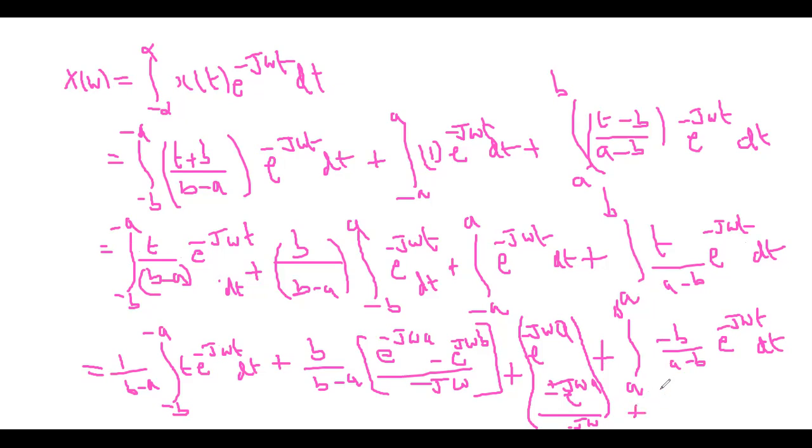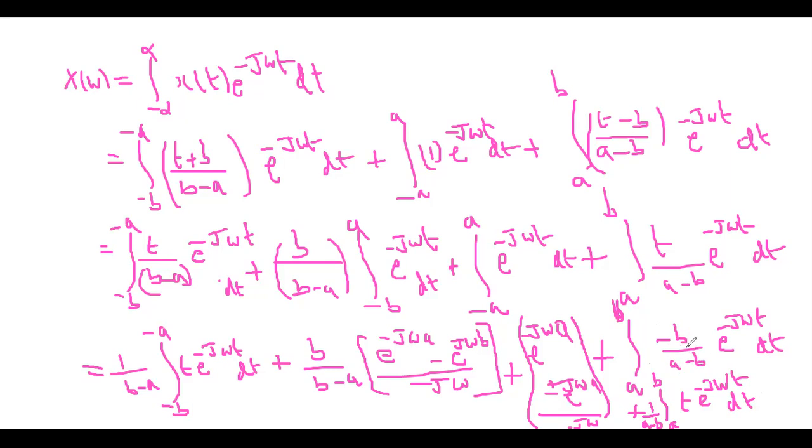Plus, otherwise you can keep it directly like this: 1 by a minus b, integral a to b, t into e power minus j omega t dt. For this, a to b is the limit, my dear students.